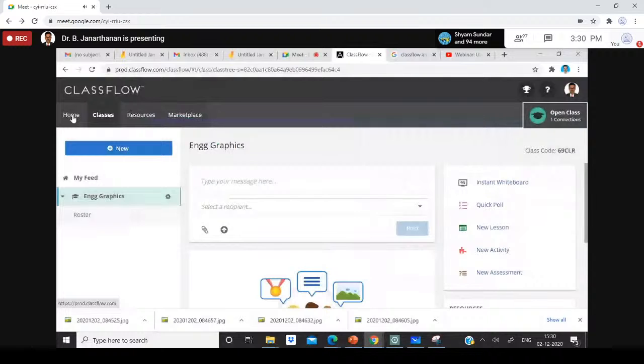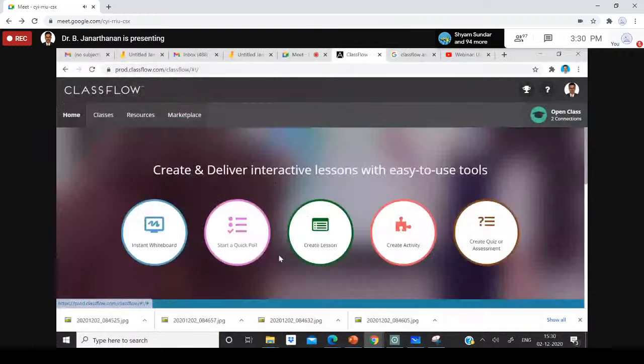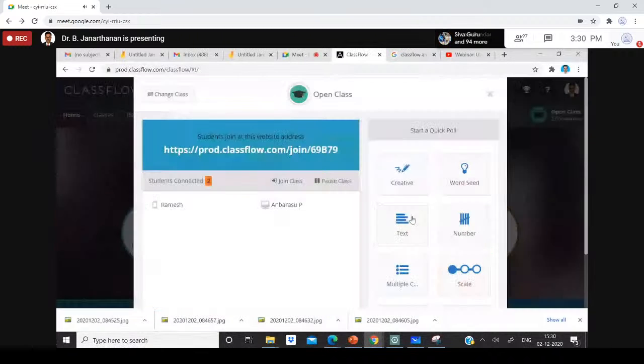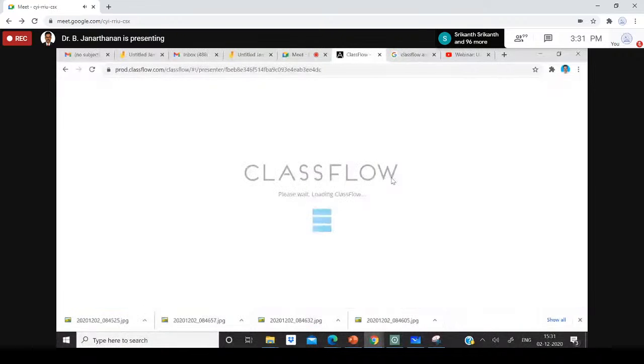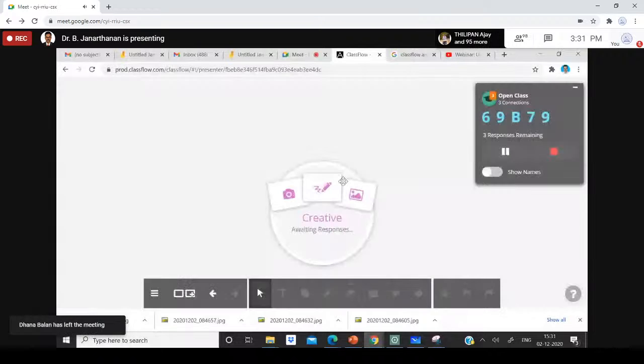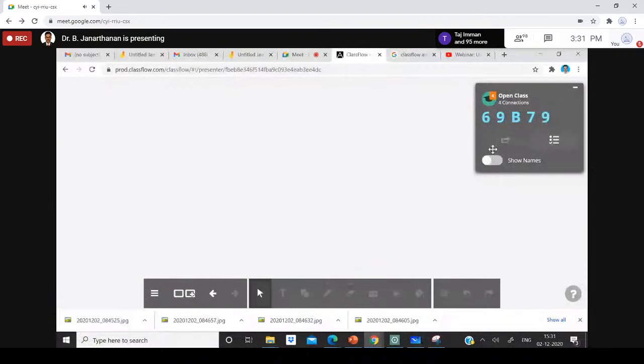If I start this poll, I have different types of polling here. With the creative type, they can draw something on the screen and then share it with me. So different types of polling are available here. You can scribble something on the screen and then show it.